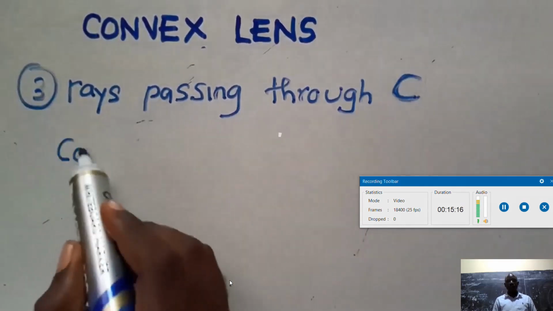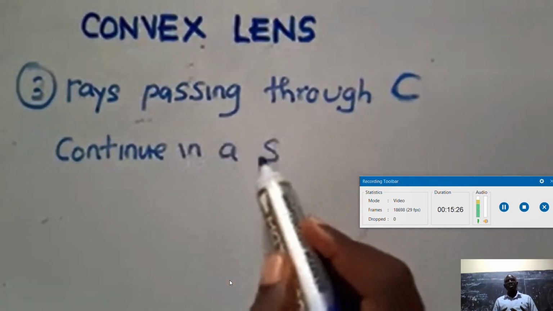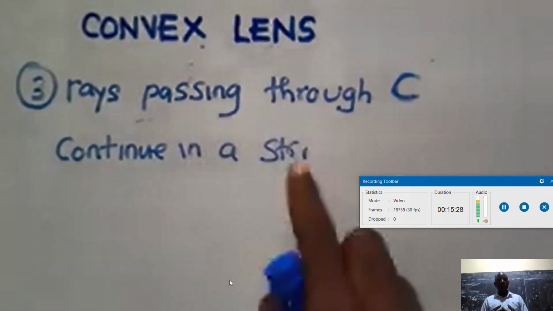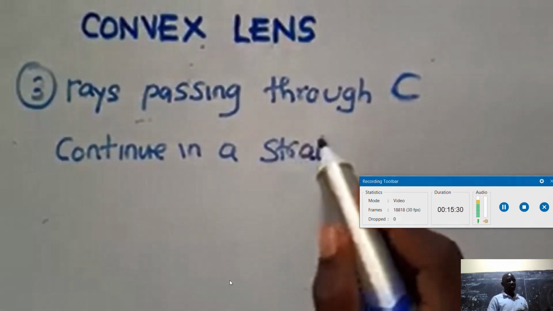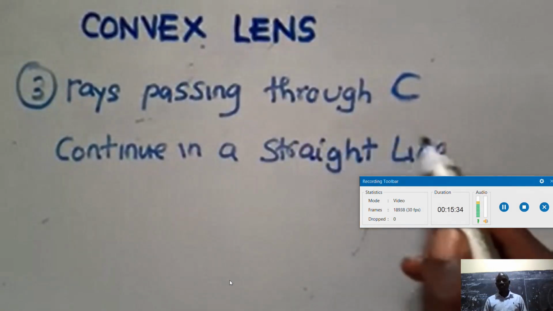So here we are saying rays passing through the optical center C of the lens continue in a straight line, or it is undeviated, or it takes its own path.